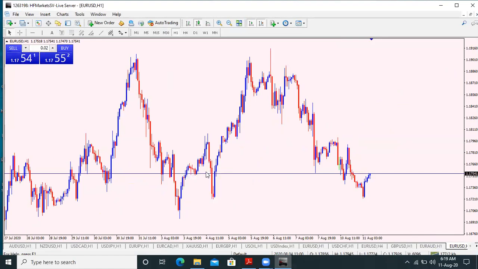The bull represents a buy, while the bear represents a sell.